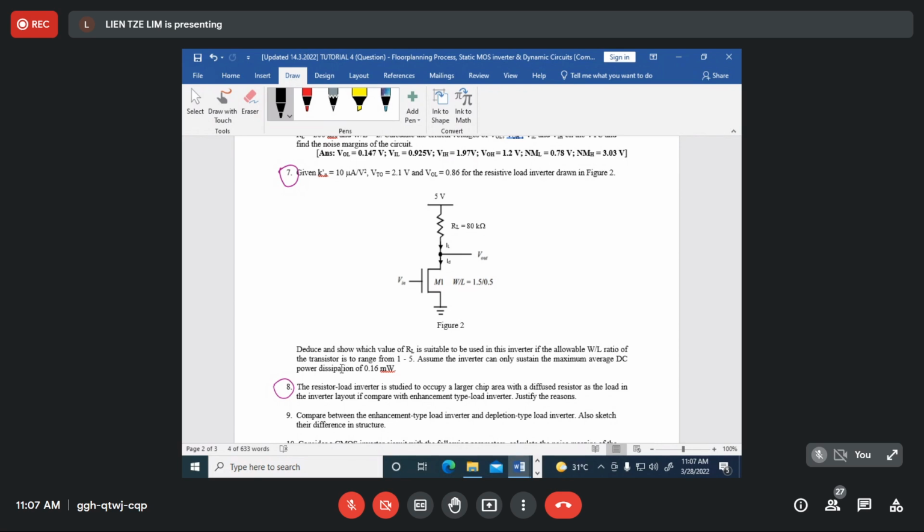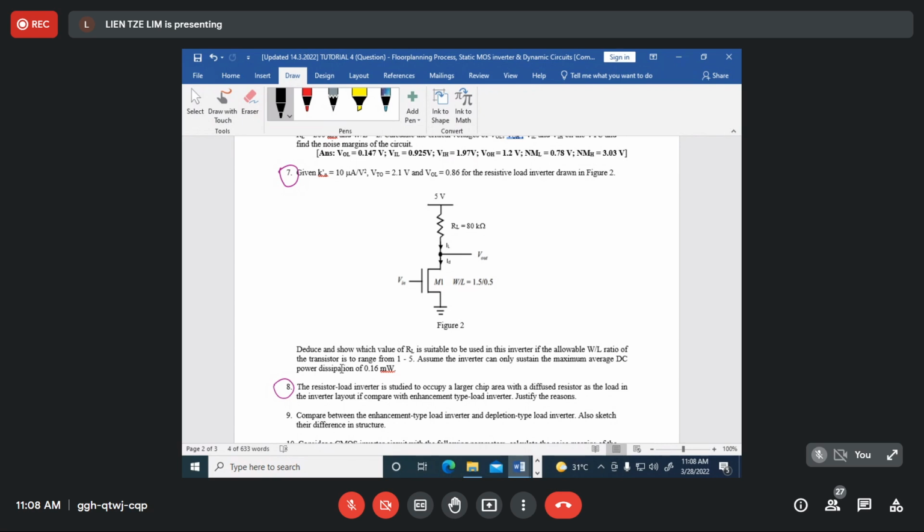You see here the width over length is from 1 to 5, right? It means the value of RL can range from this to this. If you want to determine it, you have to consider another factor.